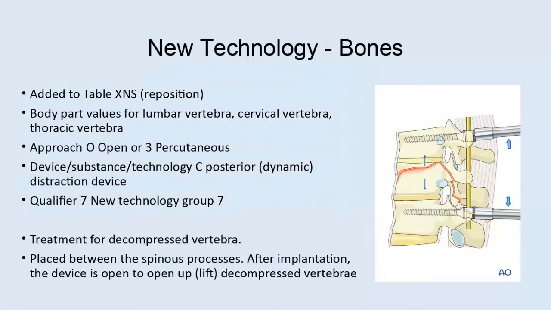Okay, bones, XNS, this is reposition. This table is a new table, and it's for procedures on the lumbar, cervical, or thoracic vertebrae. The new device is posterior distraction device. This is really interesting. So the patient has decompressed vertebrae. They're kind of pushed into each other.